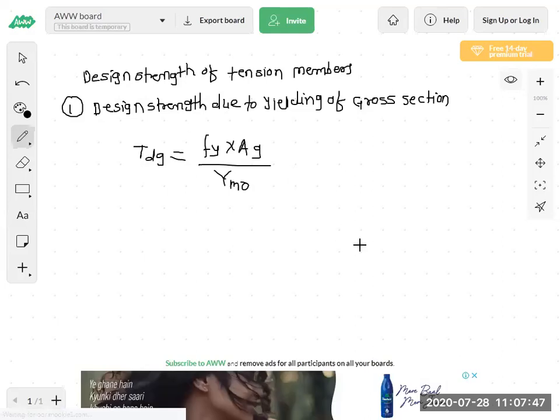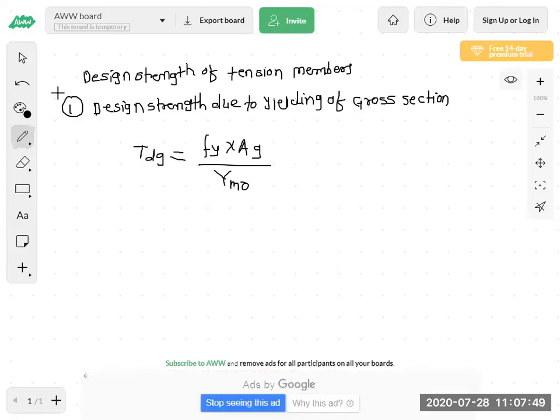For yielding of cross section, we use this formula as the design strength: Tdg is equal to Fy into Ag divided by gamma m naught.